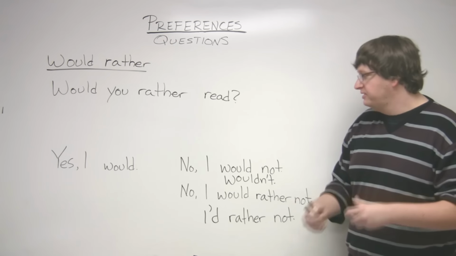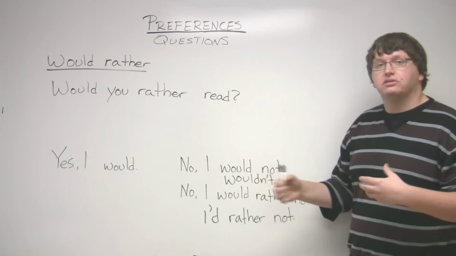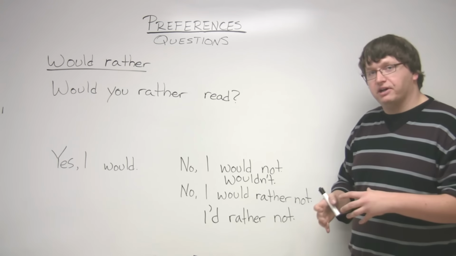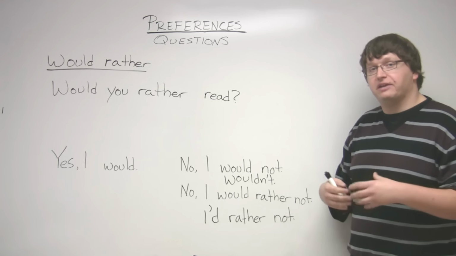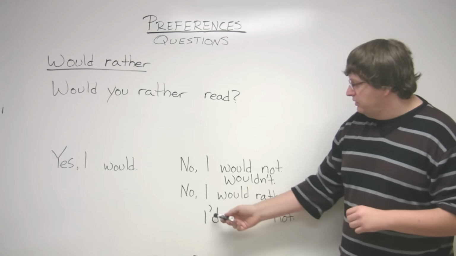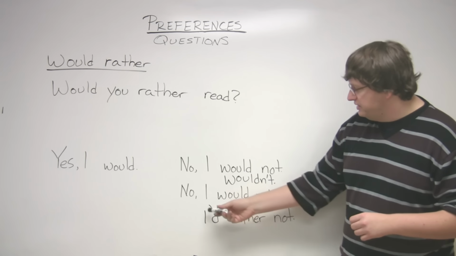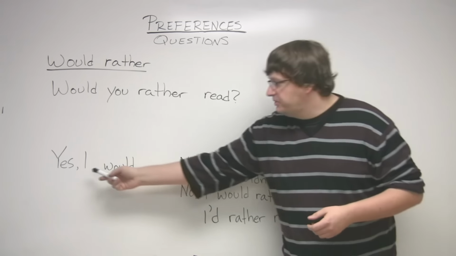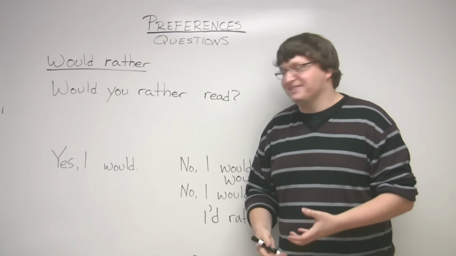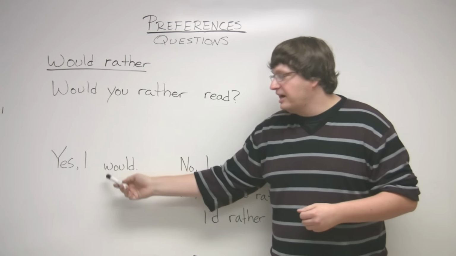Yes, I would. Or no, I would not. No, I wouldn't. Or no, I would rather not. No, I'd rather not. Now it's very important to note, you might think, well, here you're saying I'd. How come here you can't say yes, I'd? It's just a rule. You simply can't. So you must say yes, I would.